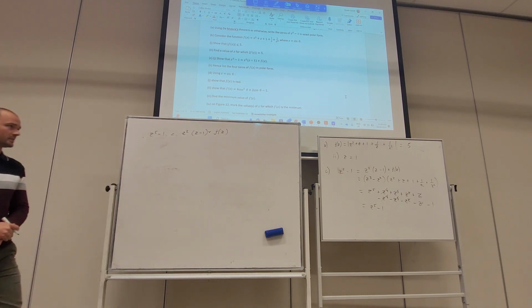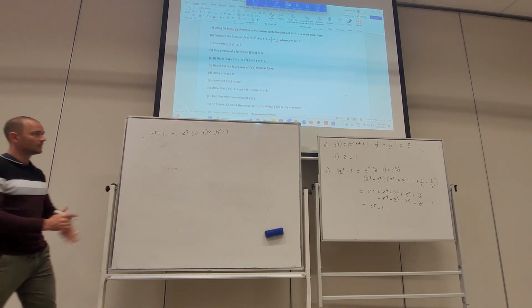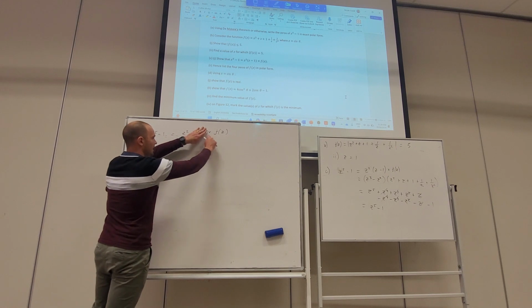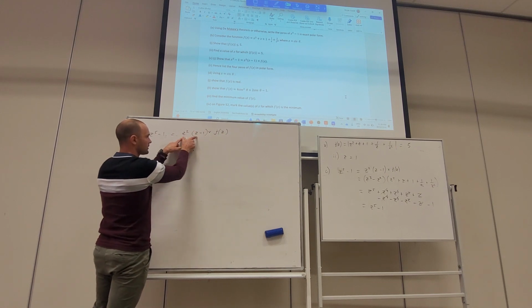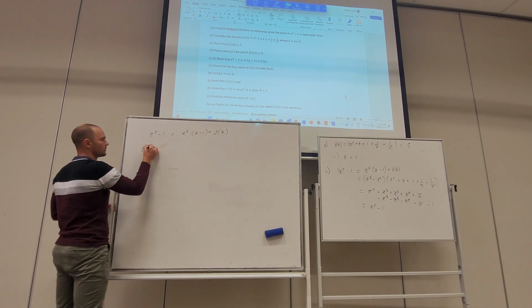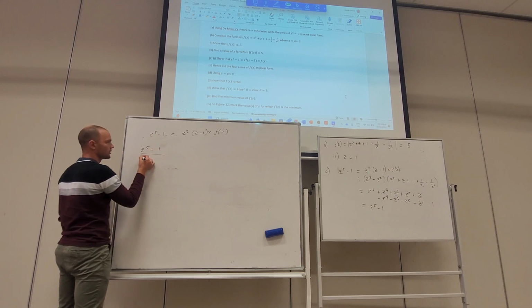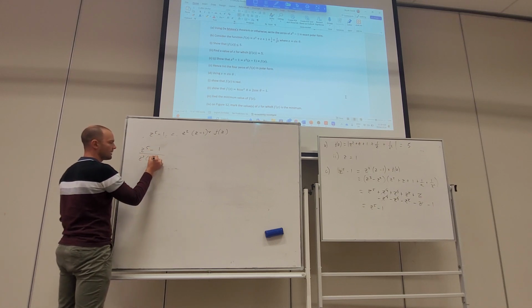Now, if we want the zeros of f of z, I'm going to rearrange this to get f of z by itself. I'm going to divide both sides by this component. So we'll have z to the 5 take 1 on top of z squared times z take 1.